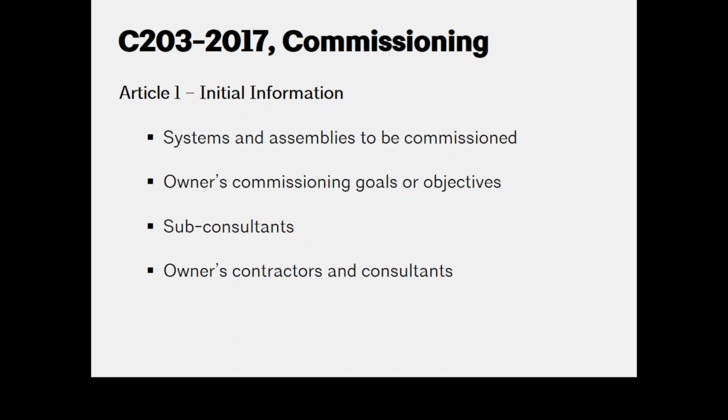And owners really need to be identifying the separate contractors and consultants that they're going to be hiring, because the commissioning provider is going to be working with those parties throughout design and throughout the construction.